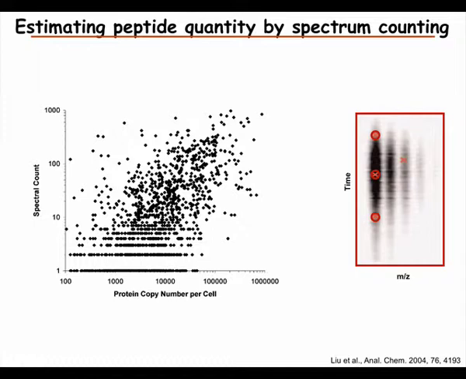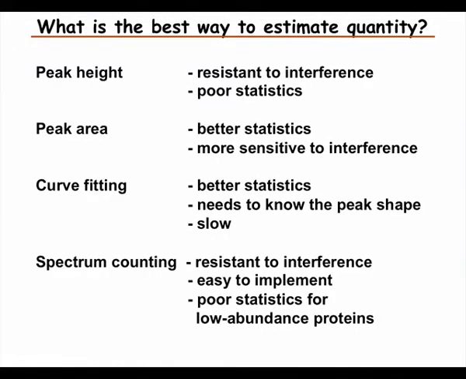Now the drawback of this is that it doesn't work very well if we have very few spectra. But for proteins where we see a few peptides and a few spectra per peptide, it works reasonably well. So if we compare these different ways to estimate quantities, the peak height is resistant to interference, but it has poor statistics because we only choose one point.